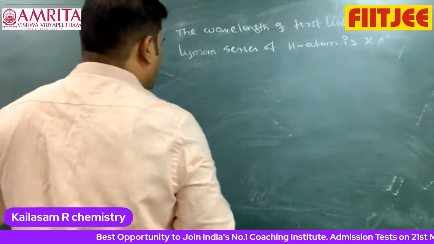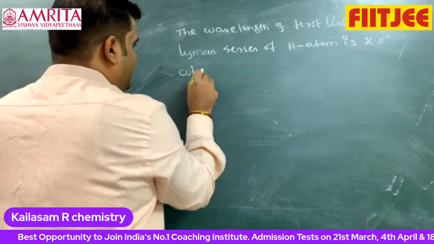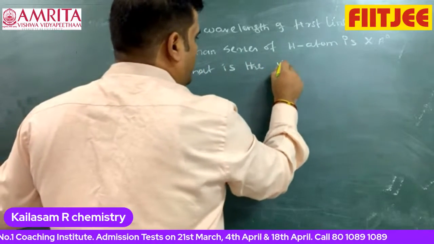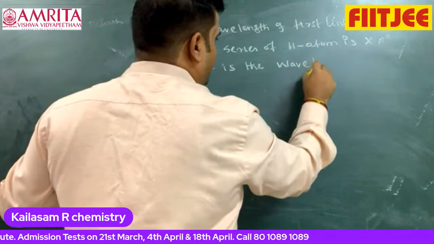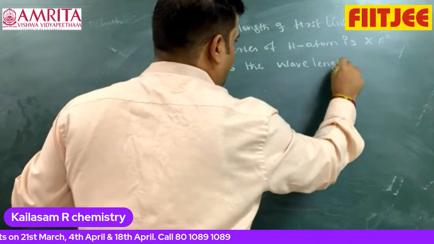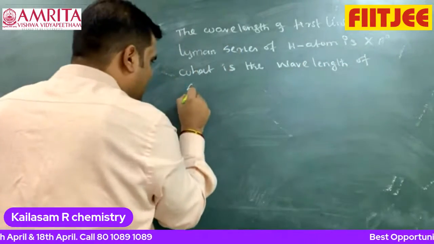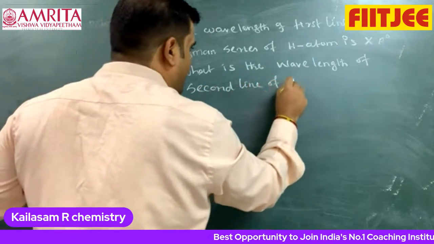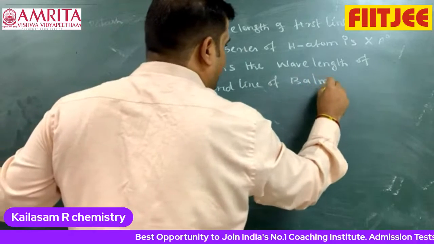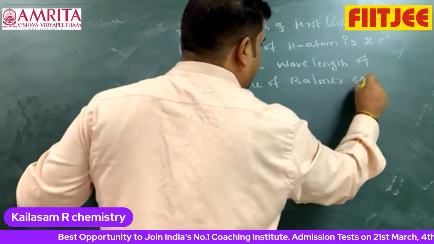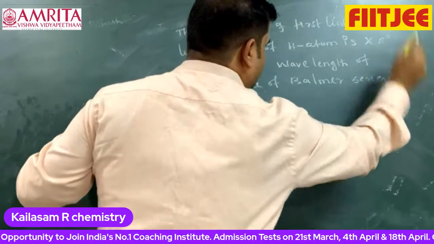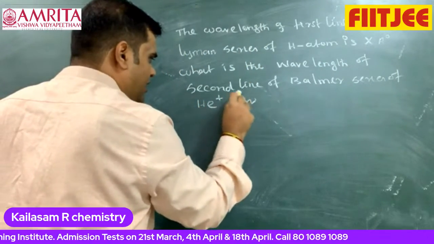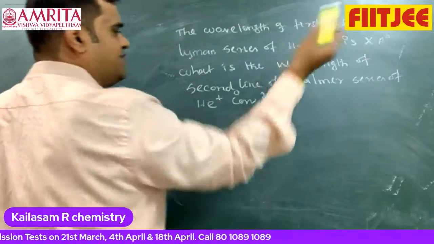Then what is the wavelength of the second line of the Balmer series of helium plus ion? Express the answer in terms of angstrom.